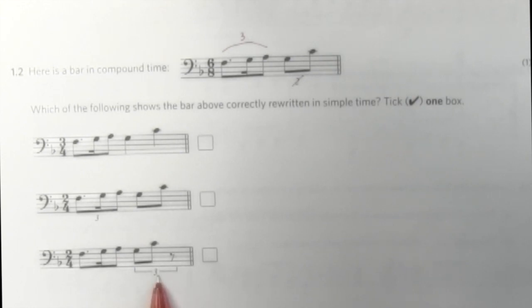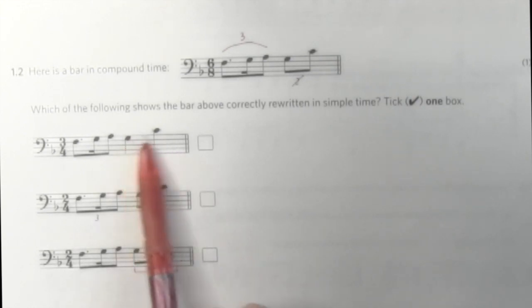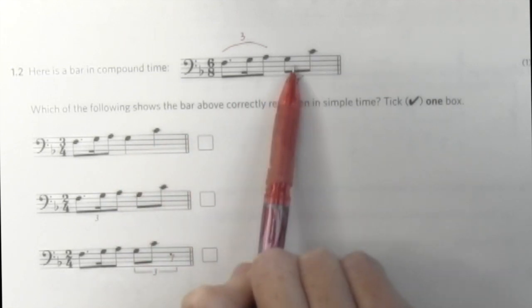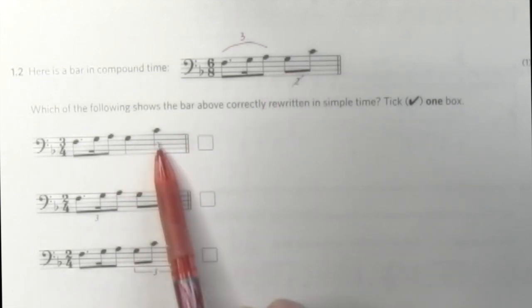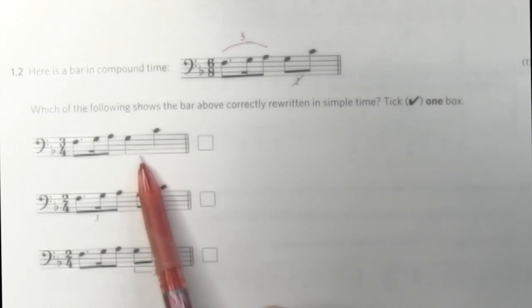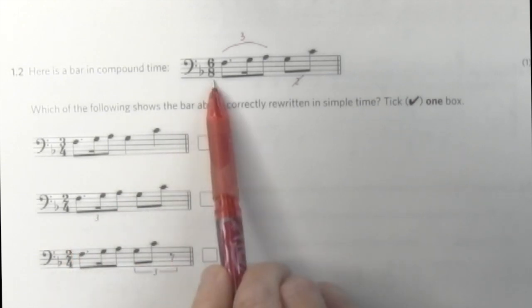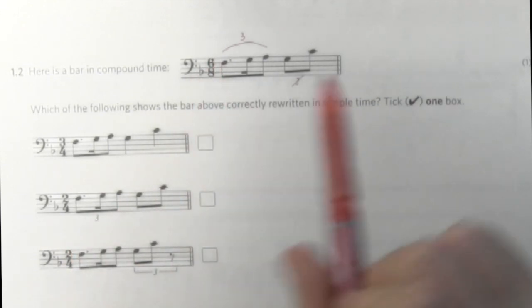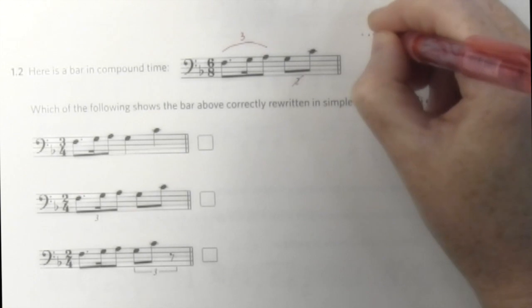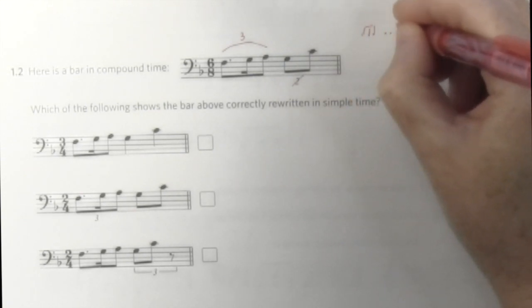Because this one has the triplet sign, not right, and this one has even changed the length of the notes, the duration. 2 quavers can become 2 crotchets. And by the way, also the time signature is correct, because we have in this case 1, 2, 3, 1, 2, 3.